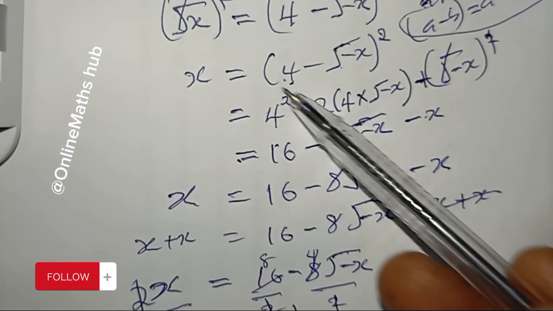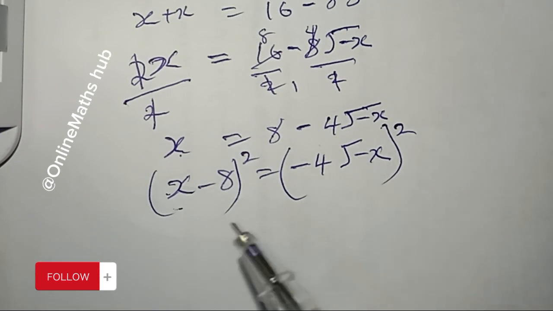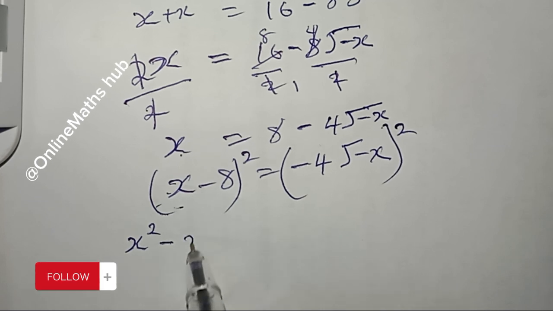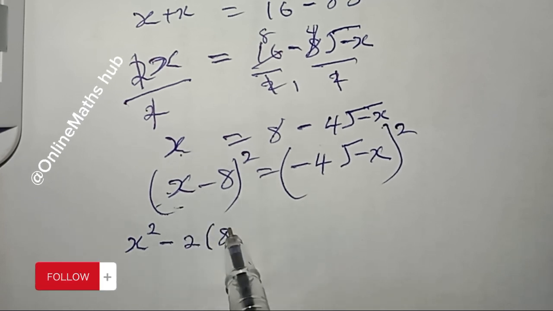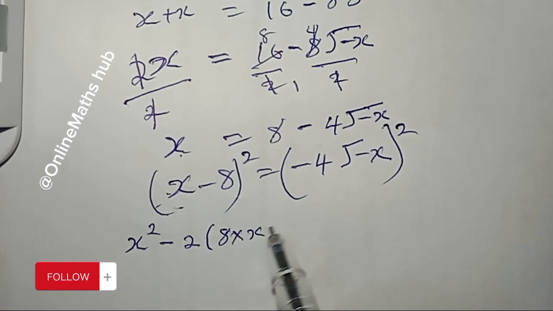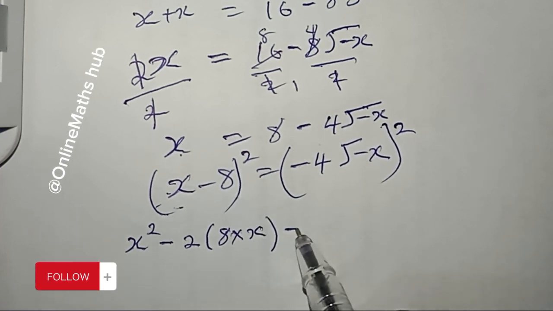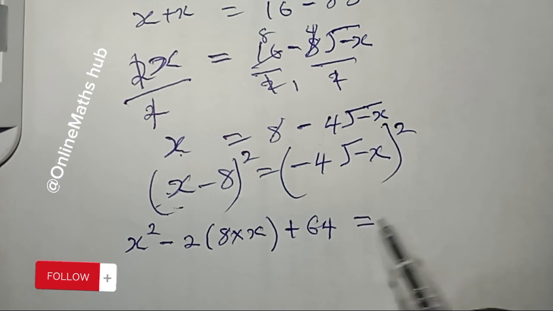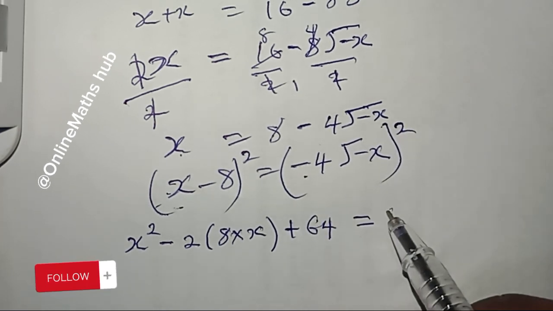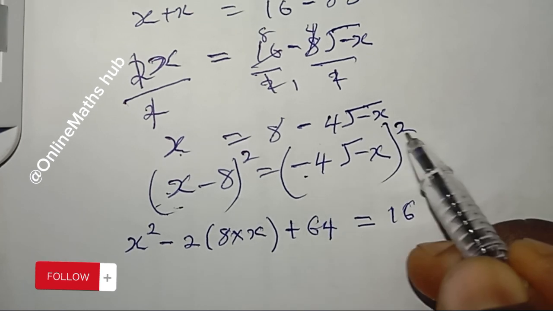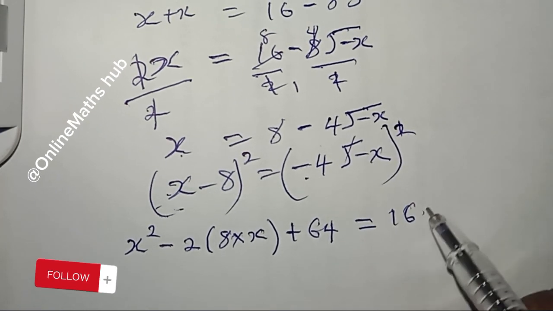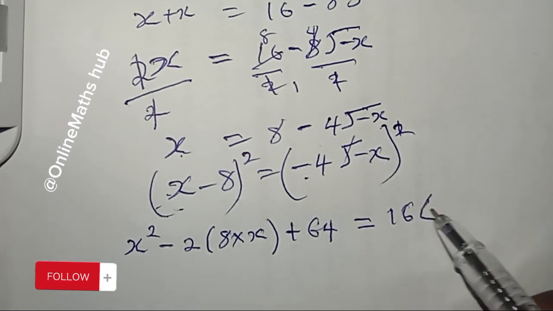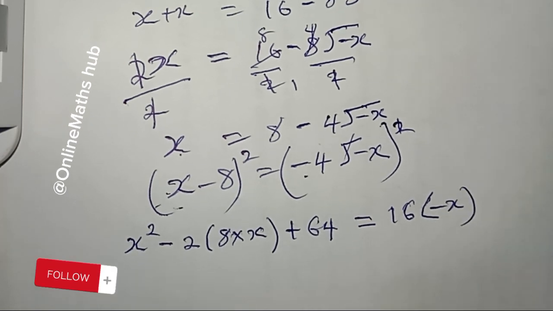When we expand this, we should have x squared minus 2 into 8 multiplied by x, plus 64, that is 8 squared, is equal to minus 4 squared, which gives you 16, and then the square and the root cancel, and I'm going to have minus x remaining right there.